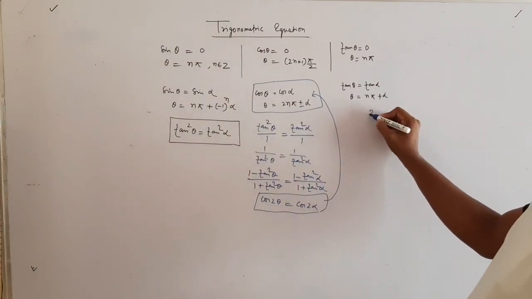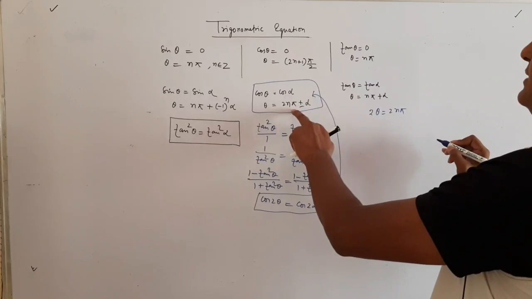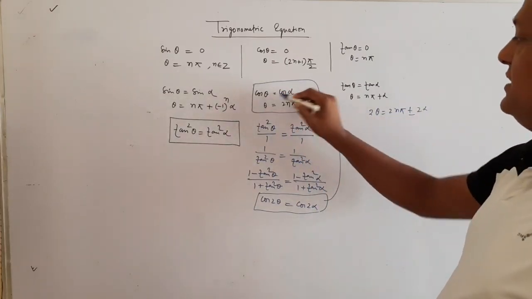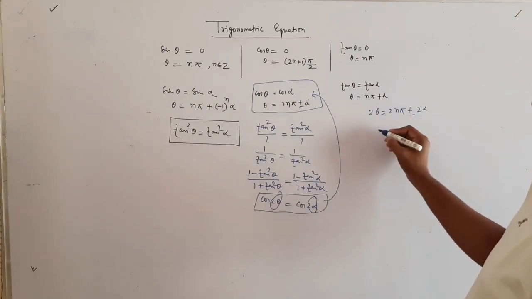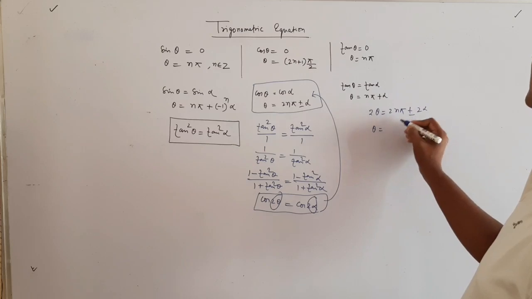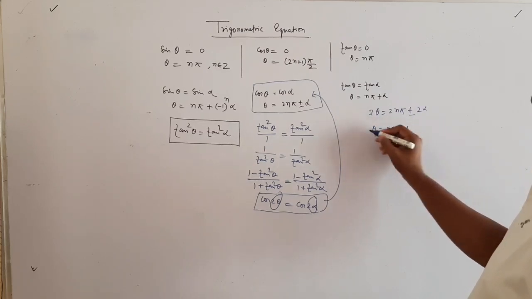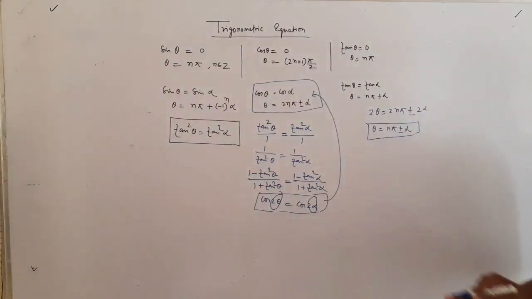Then we say 2 theta is 2 n pi plus minus 2 alpha, because here we have 2 theta and 2 alpha. Then 2 is common to each term, so you just get rid of 2. So theta is n pi plus minus alpha.